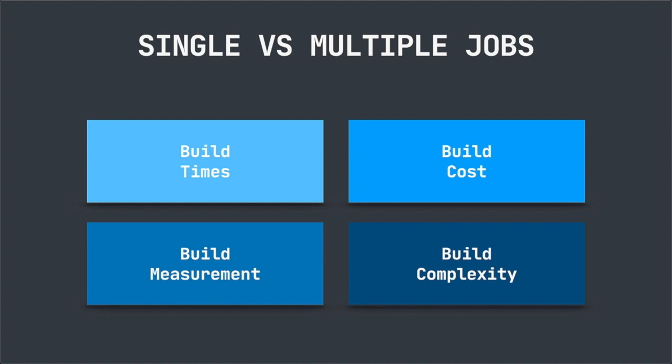There's also a pretty close correlation between build times and cost for running GitHub Actions for your project. So even if your real world build time is maybe only 10 minutes, if you have 3 jobs all taking 10 minutes, that's actually 30 minutes of billable build time. So you have to be mindful to take that into account when calculating the cost for your team.